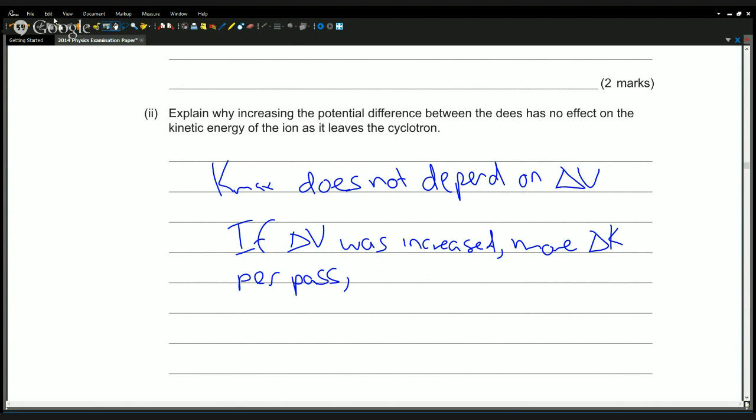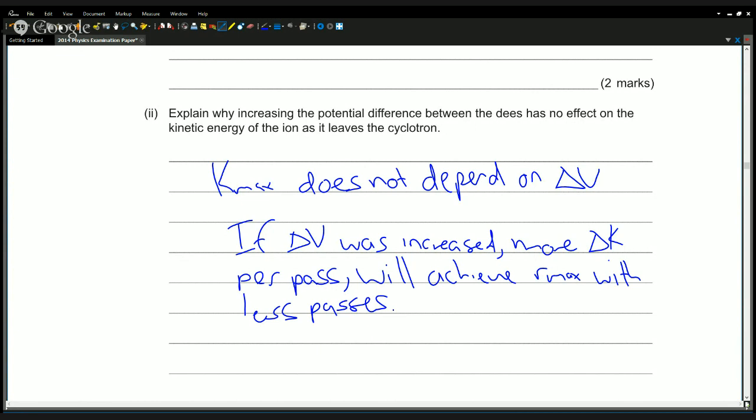Sorry, I'll write that out again. It will achieve the maximum radius with less passes. So essentially, you're achieving your R max. That's as much as you can do.